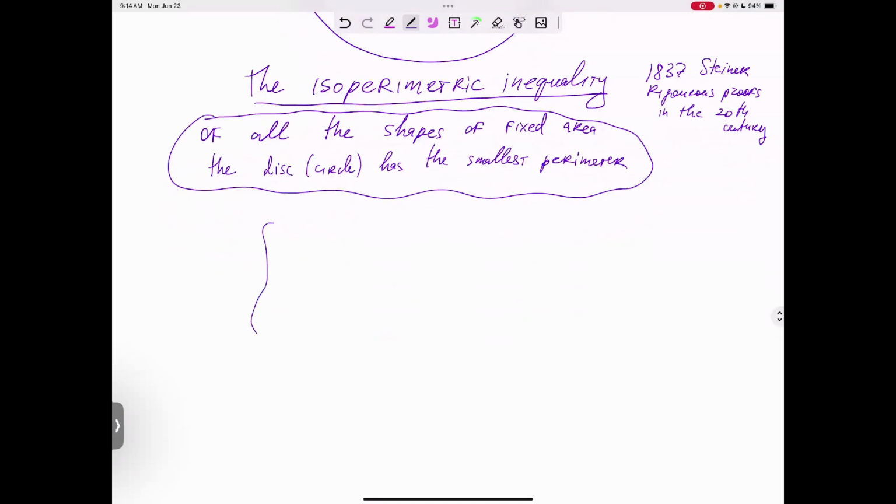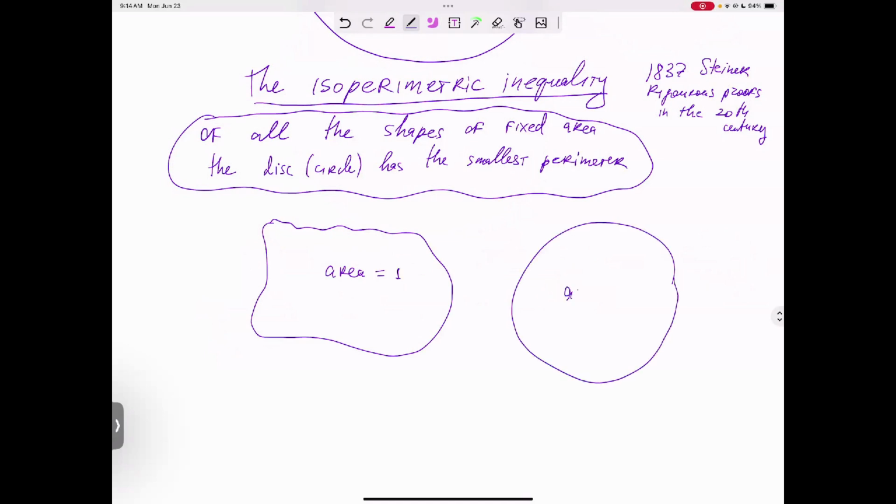If you have a shape like this of area 1 and the disk of area 1, the perimeter of the disk, the circumference, is going to be smaller.